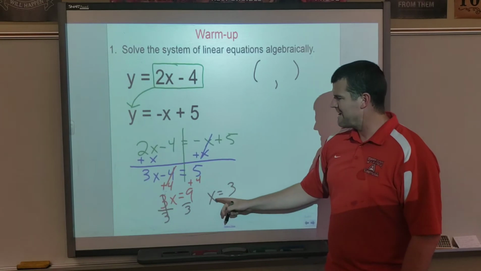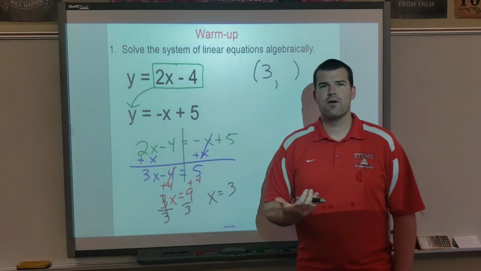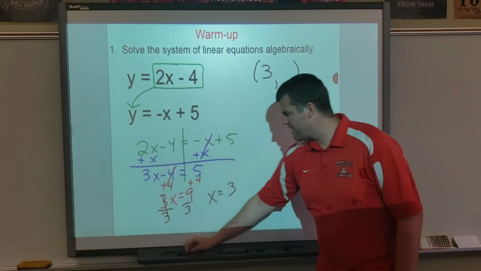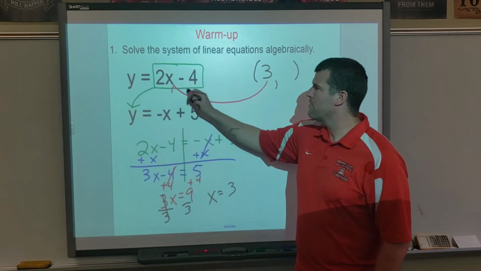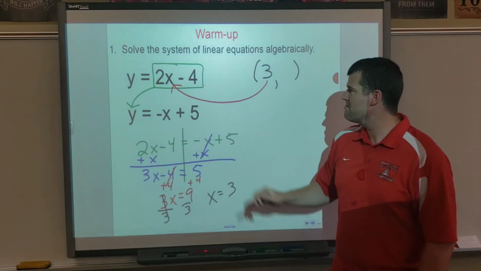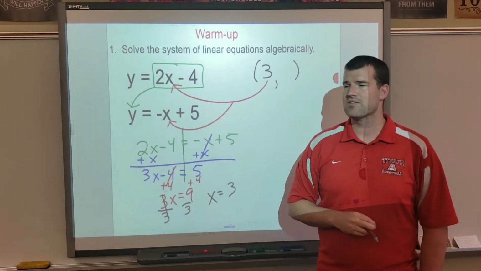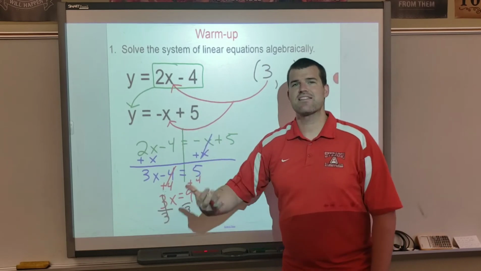So I do know that my x is going to be 3, but how do I now find my y value? Well, since I know x is 3, I can take this value and I can either plug it in right there, because that's what x equals, or I can plug it in right there, because that's what x equals. It does not matter which one you plug it into, you will get the same answer.